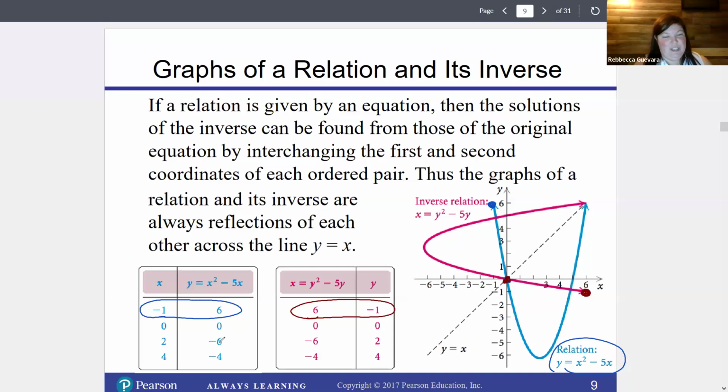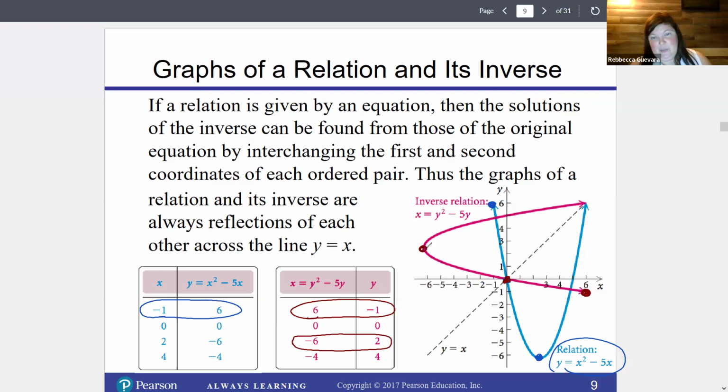The point 2, -6, that's in the blue line, so the original function, the original relation. So 2, -6, about here. And what we see is that to get the inverse relationship, that means that -6 goes in, and now the 2 comes out.